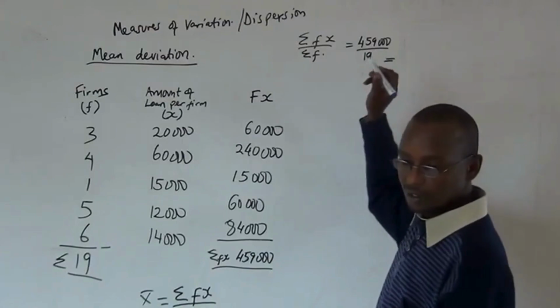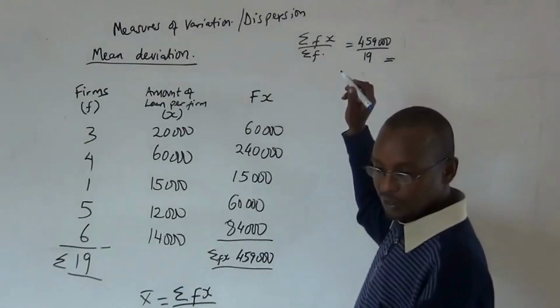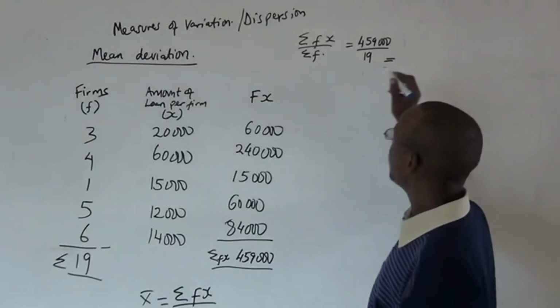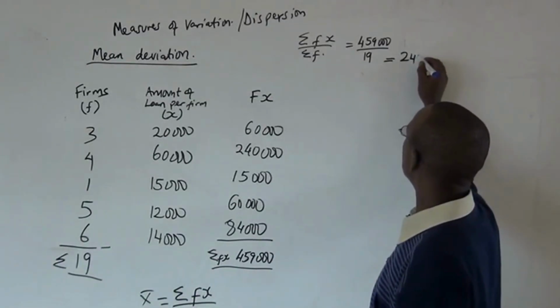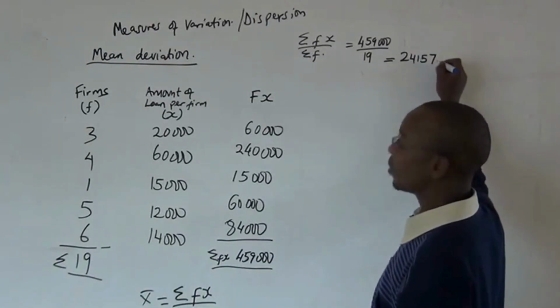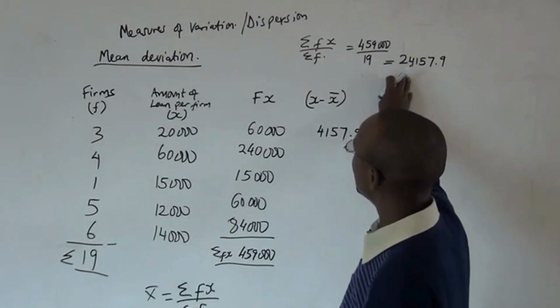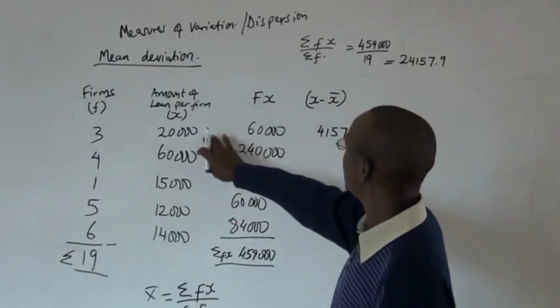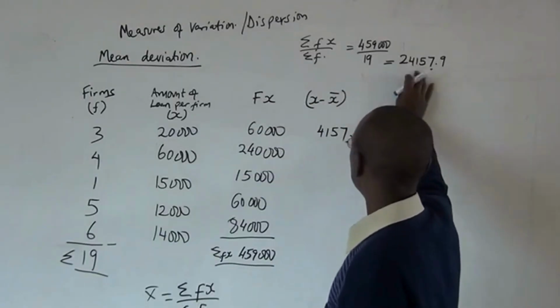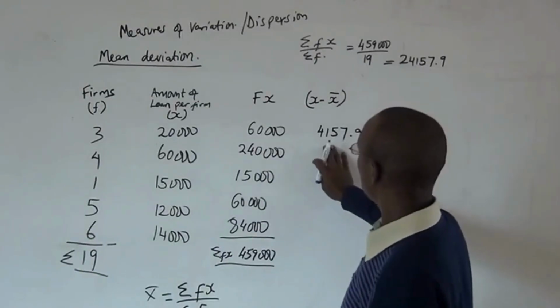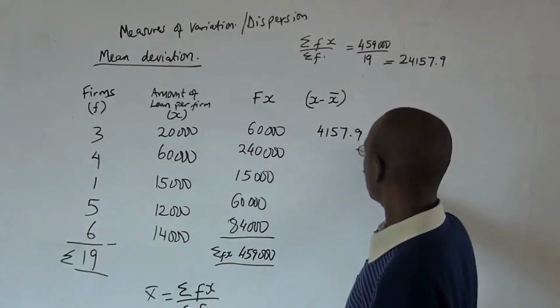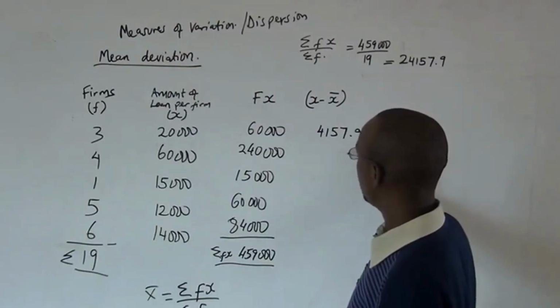You get 24,157.9. So you get this minus this. You ignore the sign. So this is 41,57.9.